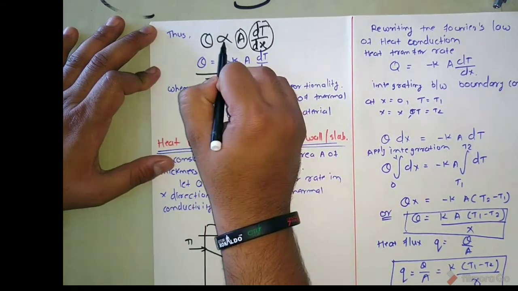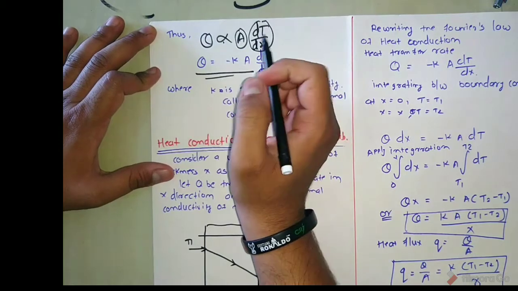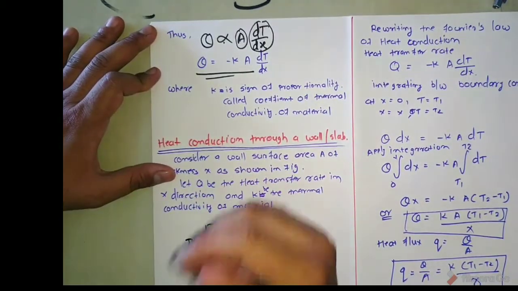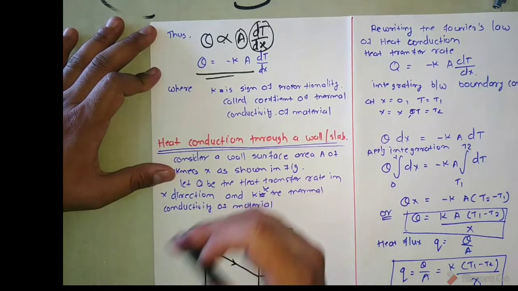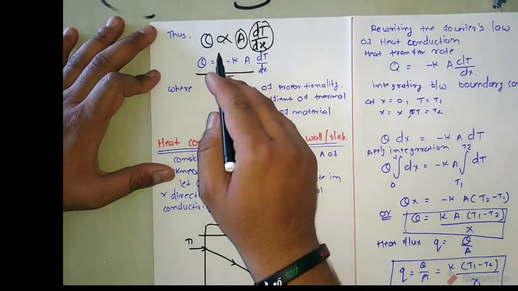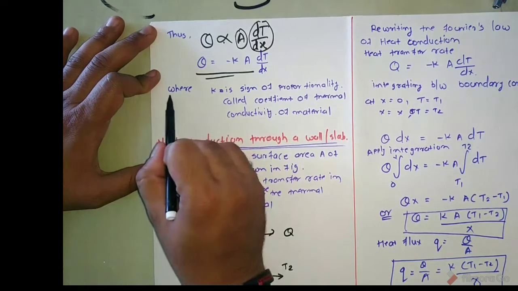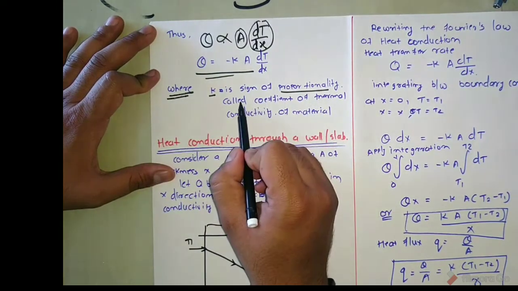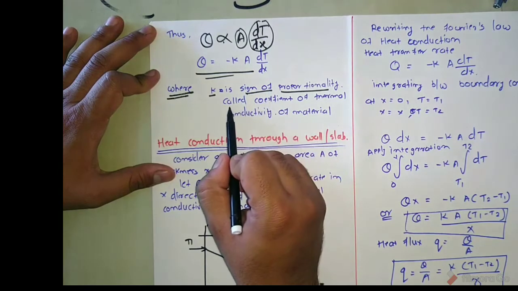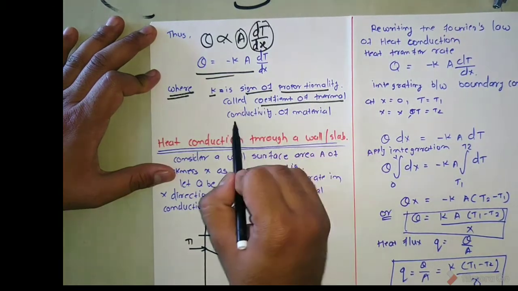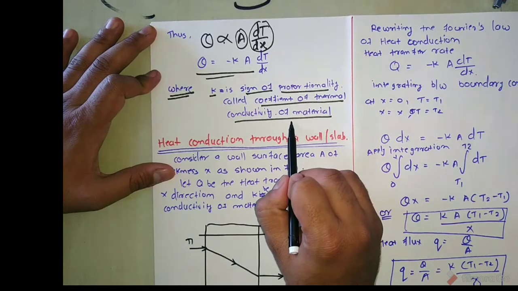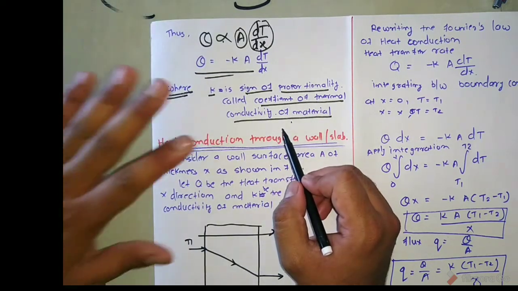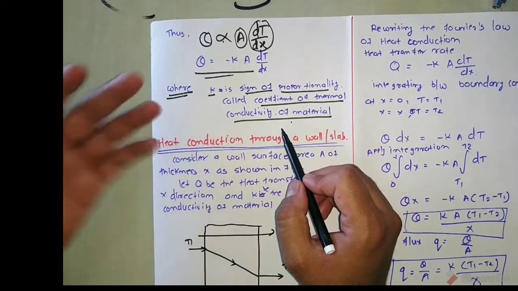When we remove this proportionality, we have to introduce a constant, and that constant is called thermal conductivity, or K. K is the constant of proportionality, the thermal conductivity of any material, and it varies from material to material.